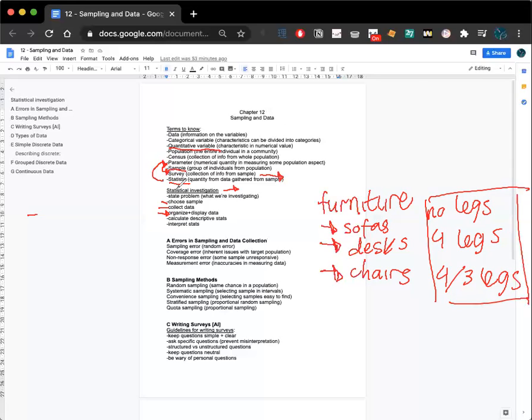After organizing and displaying it, you try to calculate values to describe the data on hand. And after describing it, you try to interpret the data in relation to the data that you have specifically.